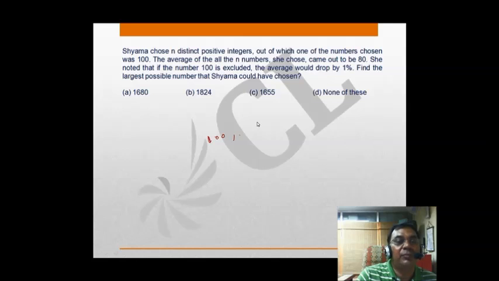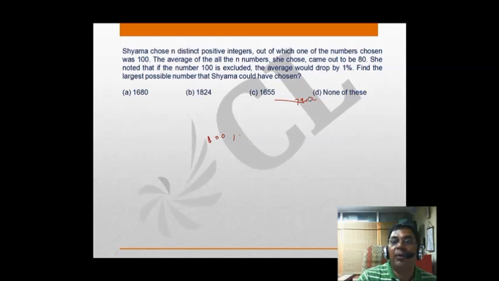She noted that if the number 100 is excluded, the average will drop by 1%, that means 79.2. Find the largest possible number she could have chosen. If I have to take the largest possible number, I'll have to take the other numbers to be smallest, so the contribution should be maximum.